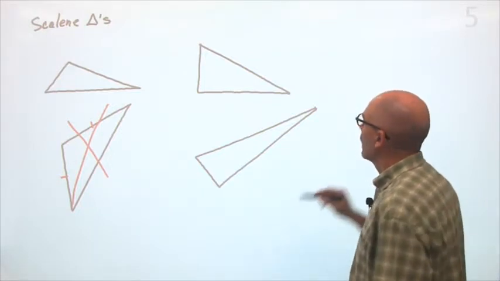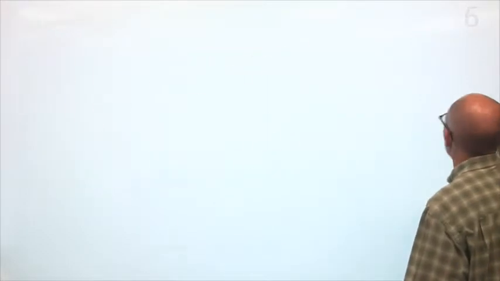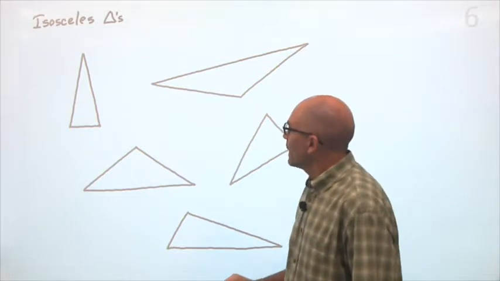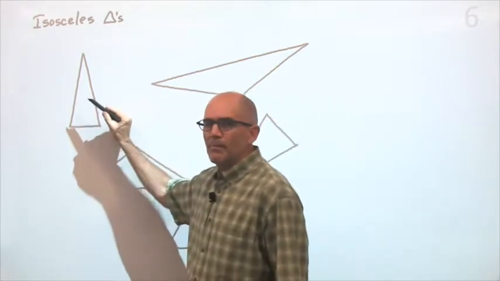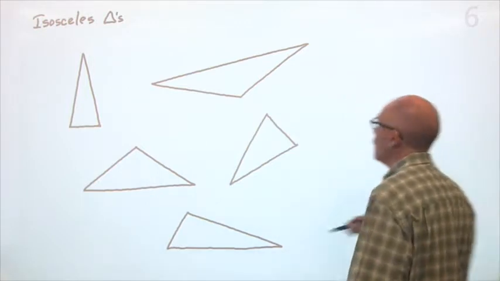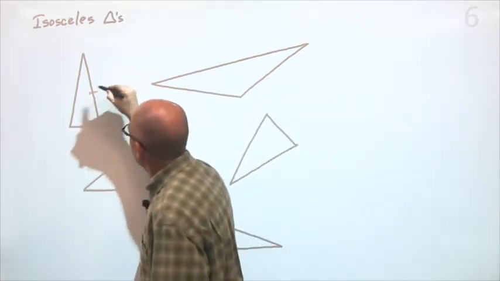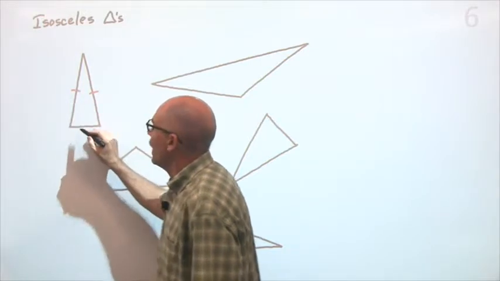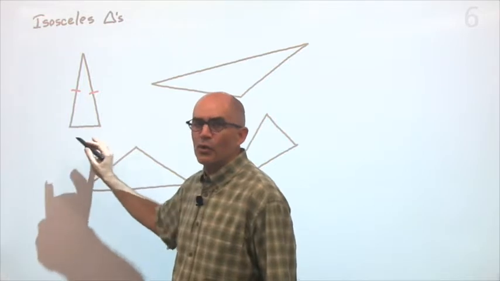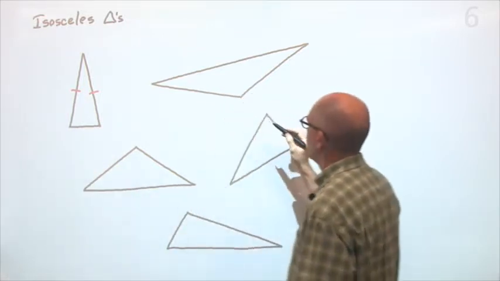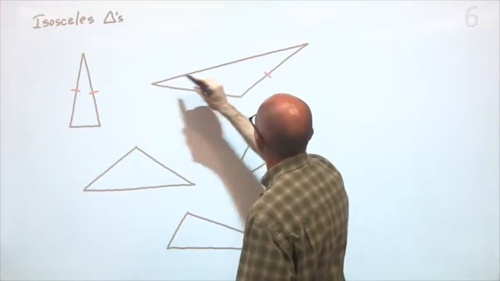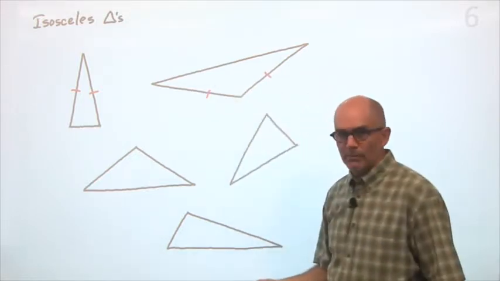Now, the next type of triangle are the isosceles triangles. Now, here's probably the shape that most people think of with isosceles triangles. And notice you have these two sides are congruent and this is not. Now, the side that's not congruent is shorter. Well, here's an example where these two sides are congruent and the side that's not congruent is longer.